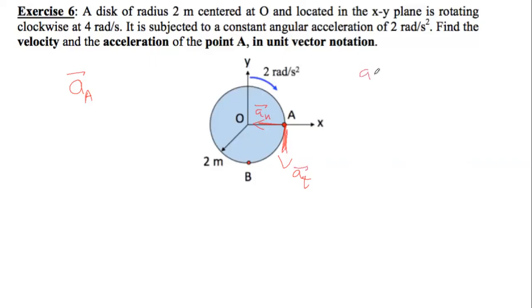If you remember, the magnitude of the tangential acceleration is r alpha. So r is 2, alpha, we already know it's 2, so the tangential acceleration is 4 meters per second squared.